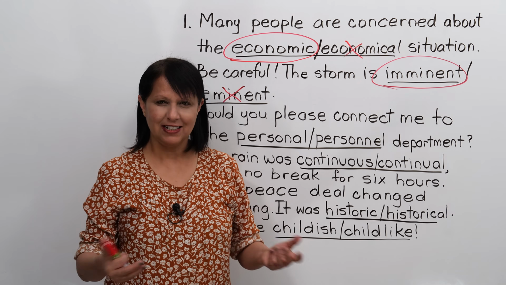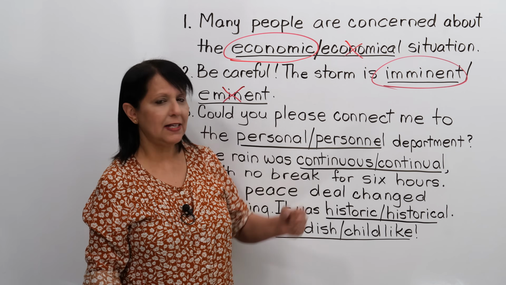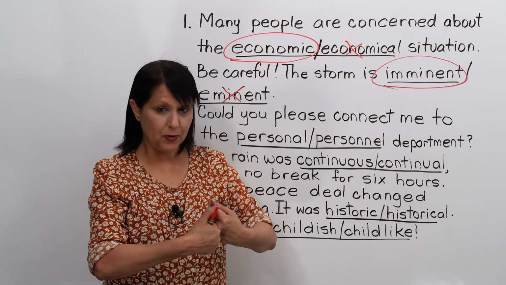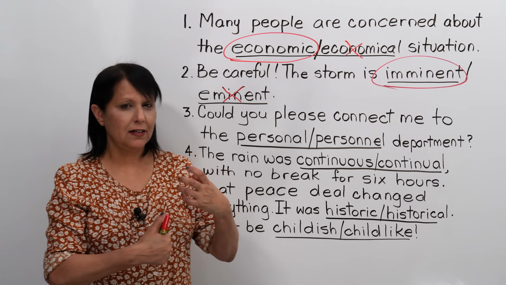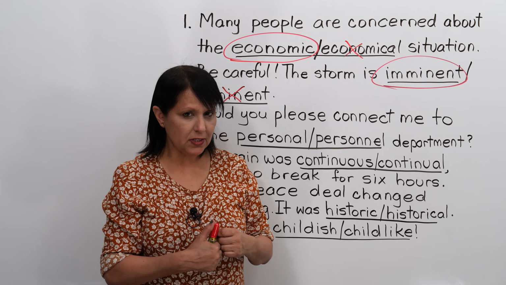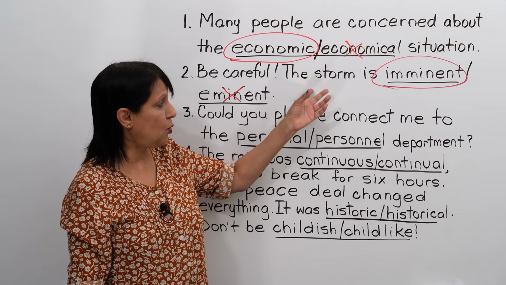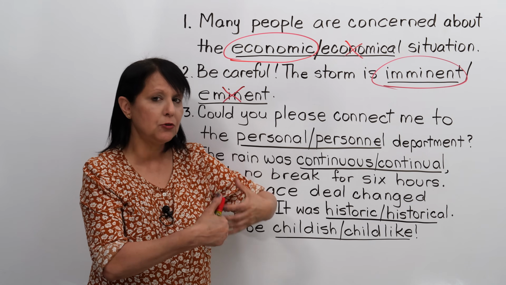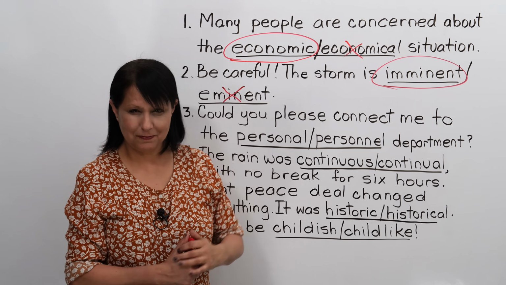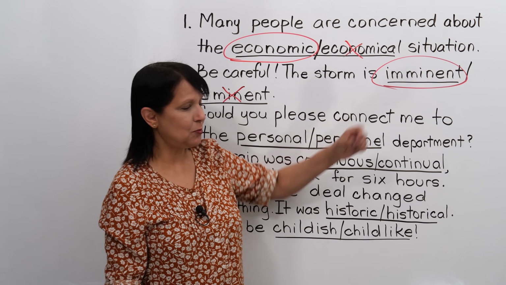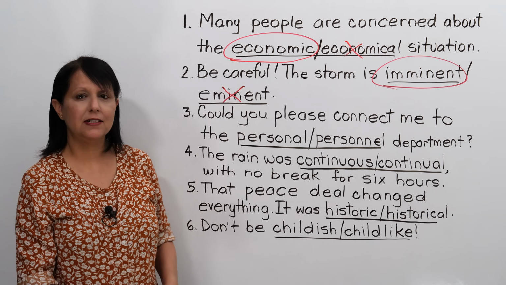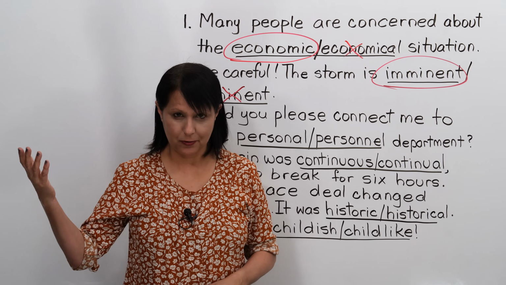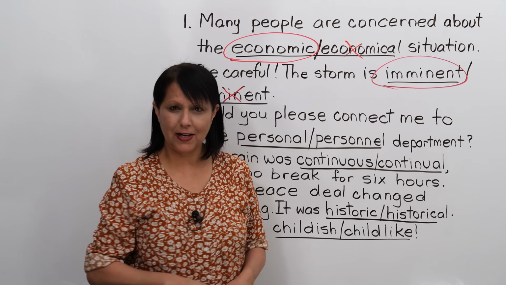It's an opportunity to learn them. So when we say that something is imminent, it means it's about to happen, okay? It's usually talking about something a little bit negative or a little bit dangerous, all right? So it's the storm, okay? The storm, the hurricane, the tornado is imminent. It's about to happen. So be careful, all right? That's the correct word here. Eminent has a completely different meaning. It means famous, well-known. And we'll look at all of that soon.